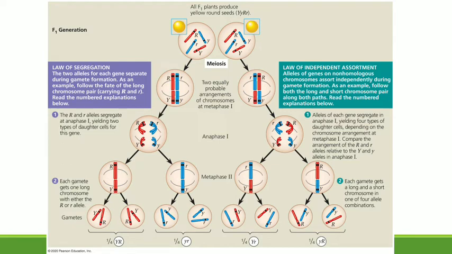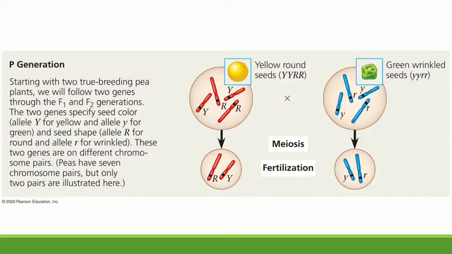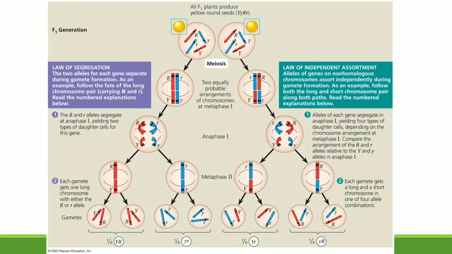When they have their offspring, when these two parental true breeding types or homozygous types get cross fertilized, all of the offspring look the same. They're all yellow and round, and they all have one of each chromosome, right? Because it's just a simple combination of their parental chromosomes.